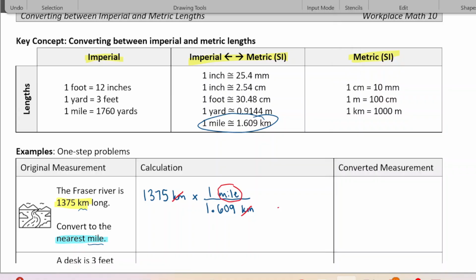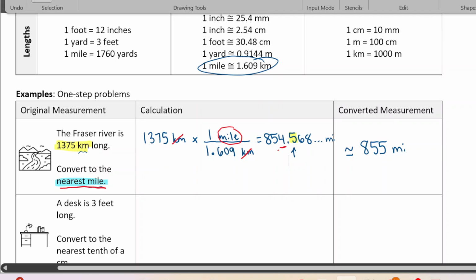I'm going to write the whole thing out to start with. 854.568 miles, but because it says nearest mile, that means I don't want to have any decimal places. I want to round it to a whole number, and it's next to a 5. I want to bump it up. So it's going to be approximately 855 miles. And again, we round it up there because it's next to a 5.